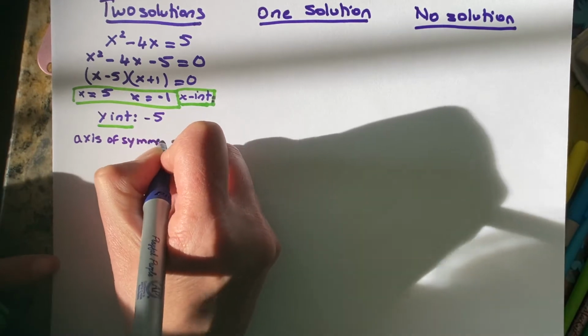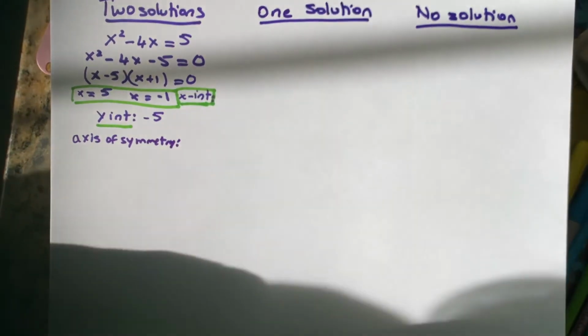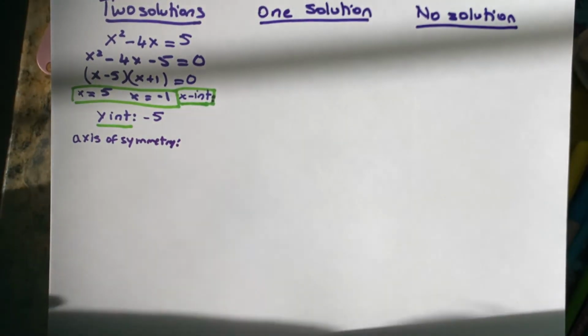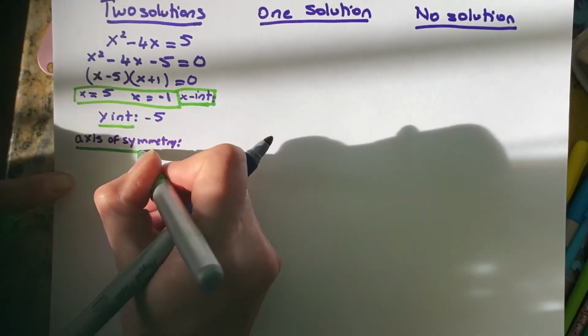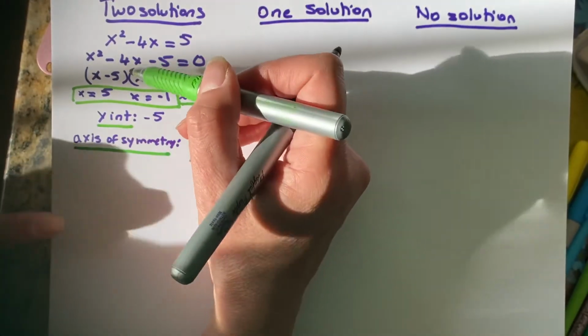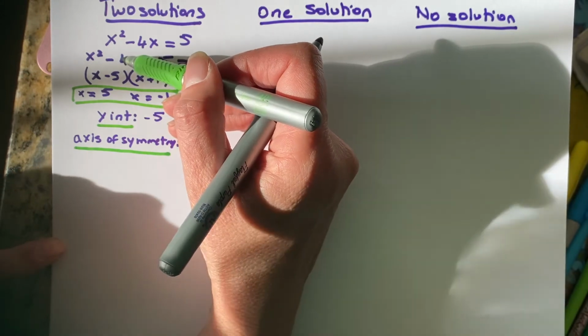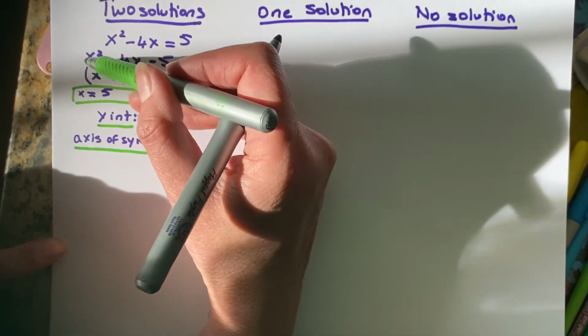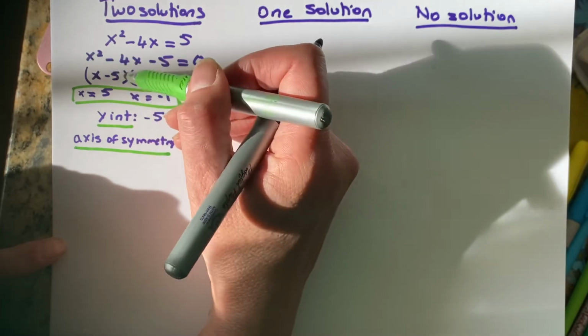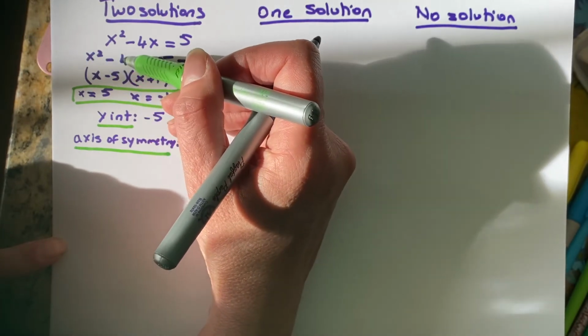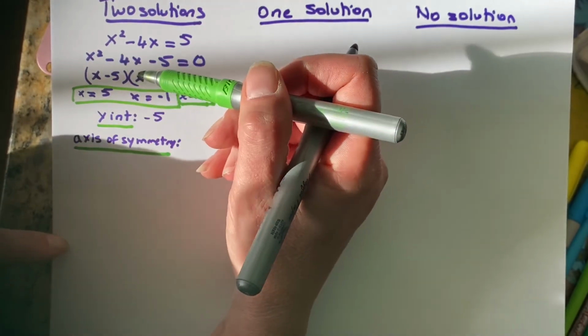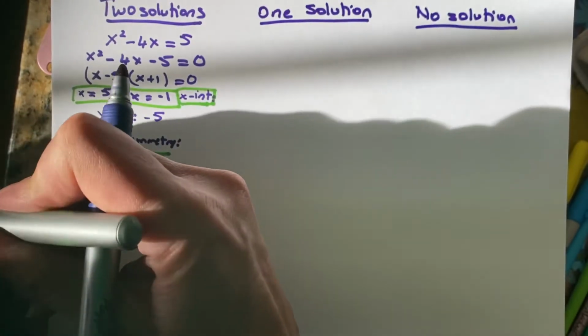I could either do what I did in 10.2, and that's going to be negative b over 2a. Now let's just do this in our heads, right? Negative b is going to be negative 4, right, which is a positive 4, over 2a. Well, since a is 1, it's going to be over 2. So negative 4 is 4, divided by 2 is 2. So it looks like my axis of symmetry is going to be 2.